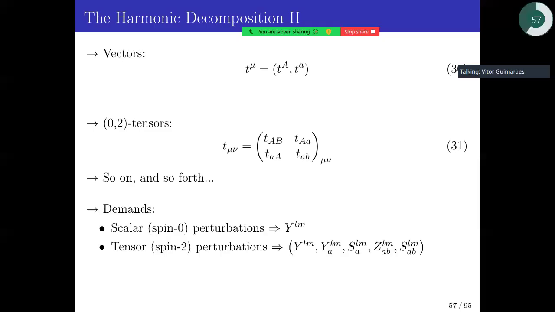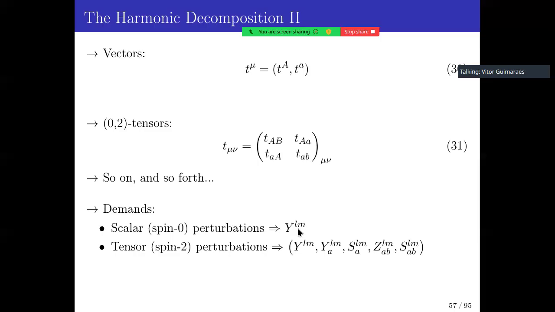Okay, so this demands that we decompose our objects not only in scalar perturbations, right? Because when you do scalar perturbations, all you have to do is decompose these scalar functions that are perturbed in your spacetime and that represent some scalar field.